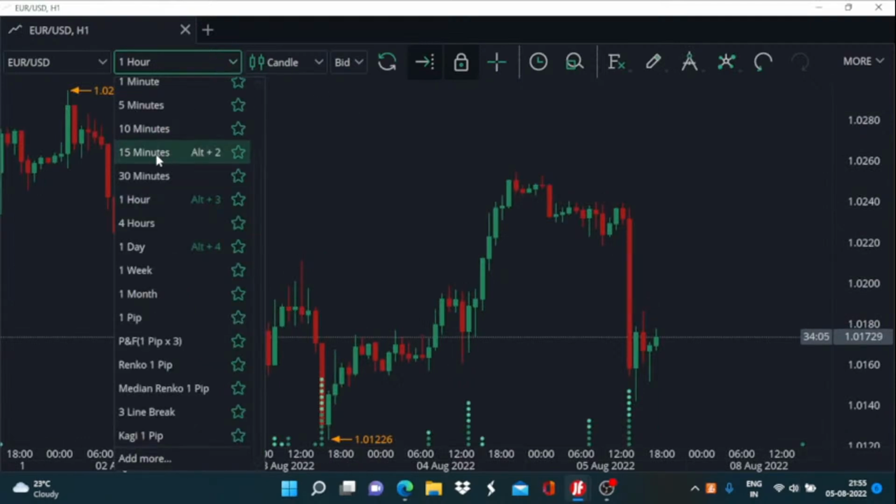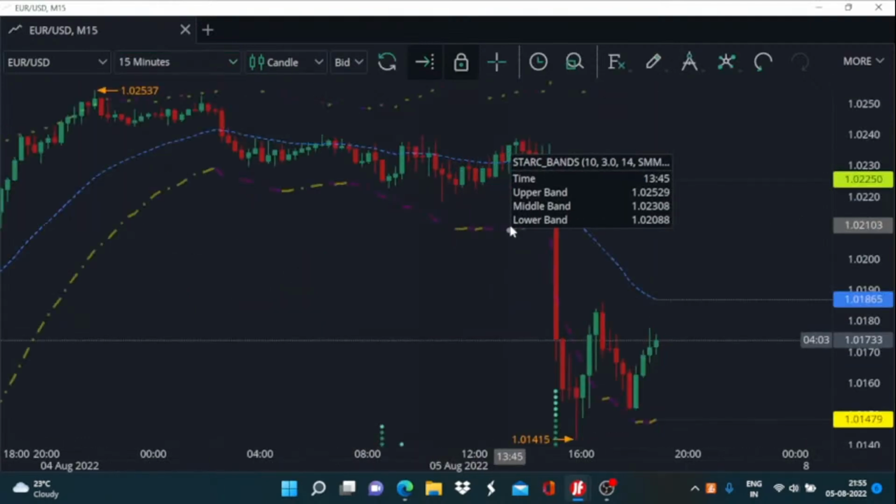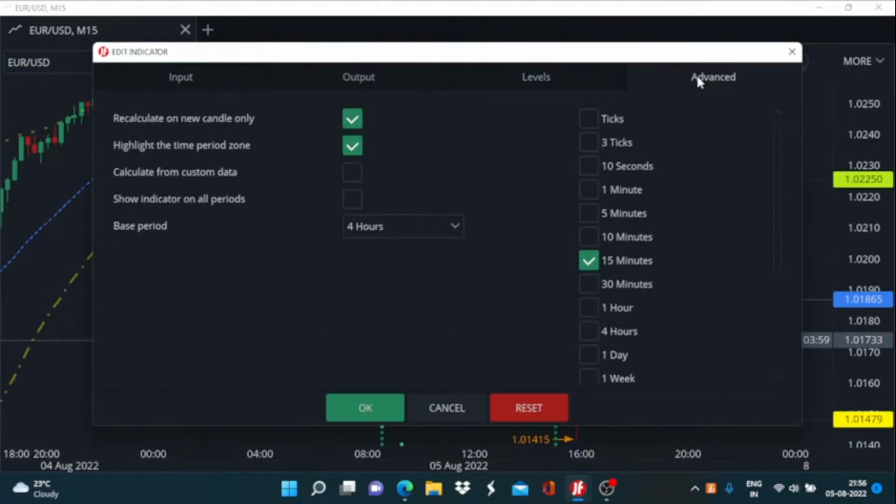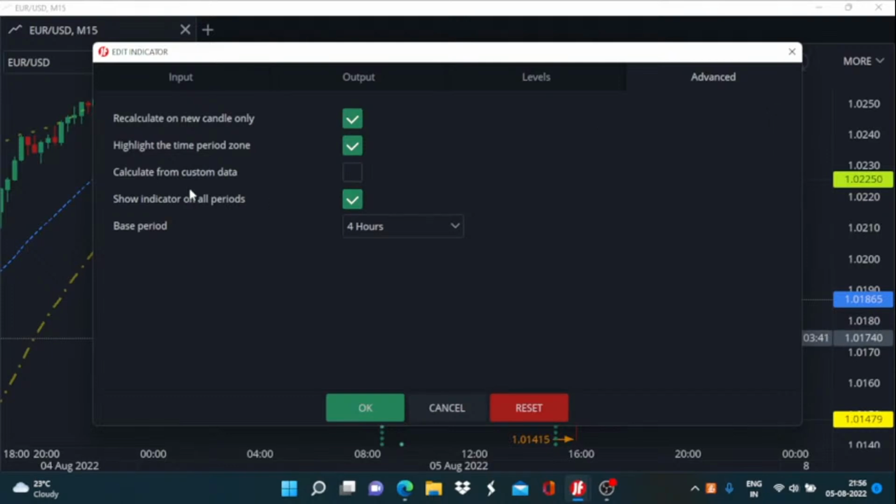But if I revert it back to 15 minutes, we have these bands back in place. So that's how this system works. It makes it easier for you to read and interpret the data on different time frames, and accordingly you can opt for these various options to make chart reading convenient, and to make the data easier to make sense of. Now I will restore it back.